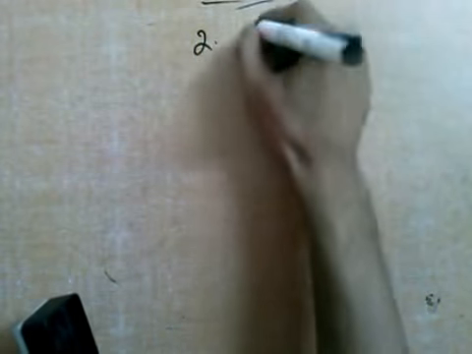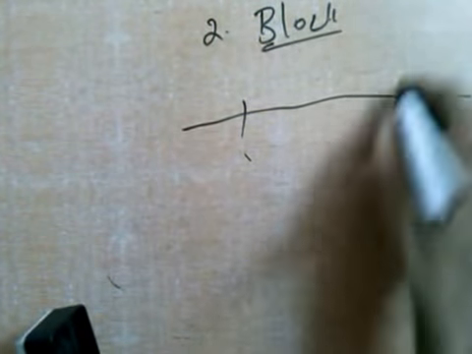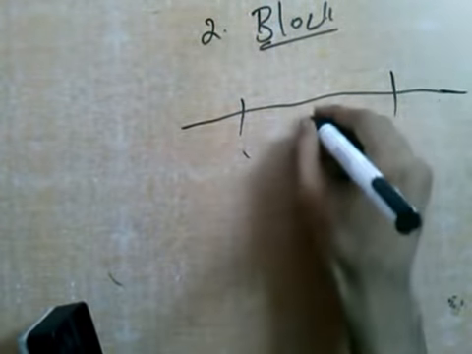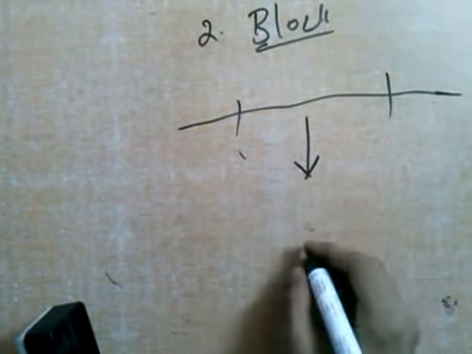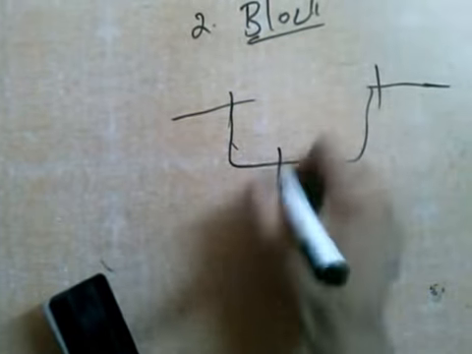The second mountain system we are going to see is block mountains. How is a block mountain formed? This is the layer, the Earth's surface. We have two faults. If this layer comes down, this is known as a rift valley.